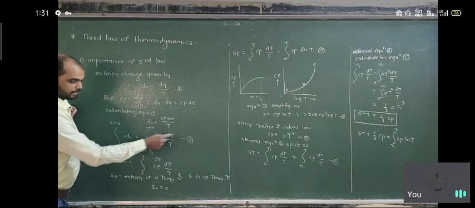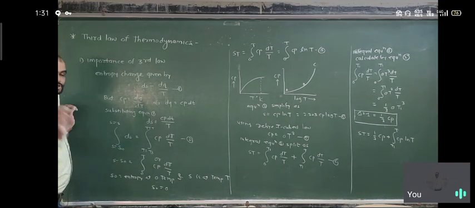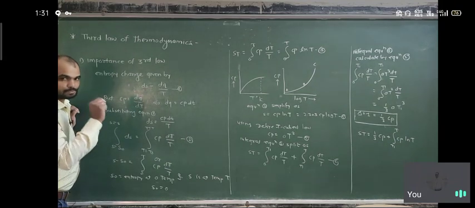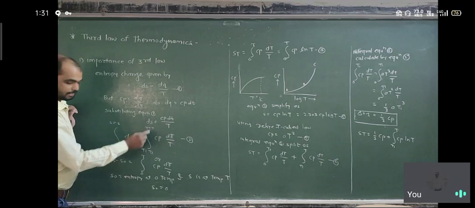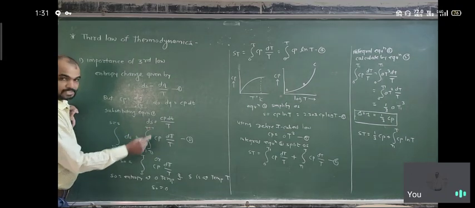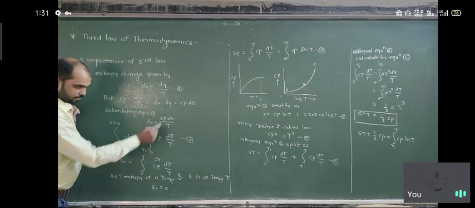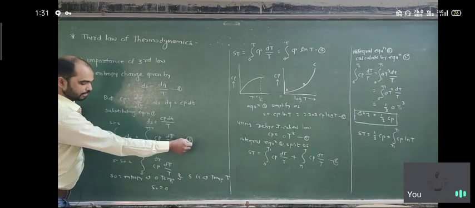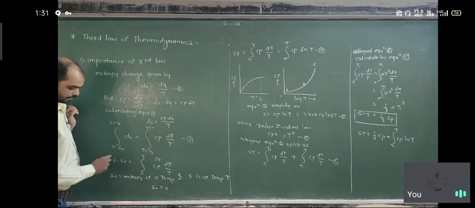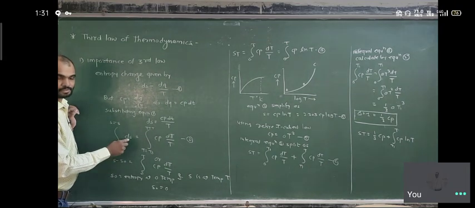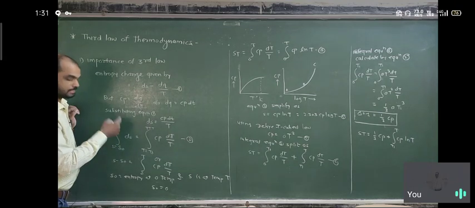For the temperature, we consider T0, absolute zero temperature, to T, any temperature. So T0 to T is the limit, Cp dT upon T. This is our equation second, S minus S0, the integral of dS, is equal to the integral from 0 to T of Cp dT upon T. S0 is lower and S is higher entropy.